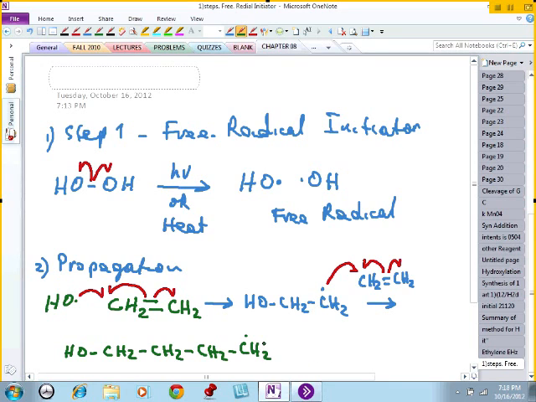And this process can continue as long as we have the ethylene in the system. So we could add another one. So now what do we have? We end up forming this.